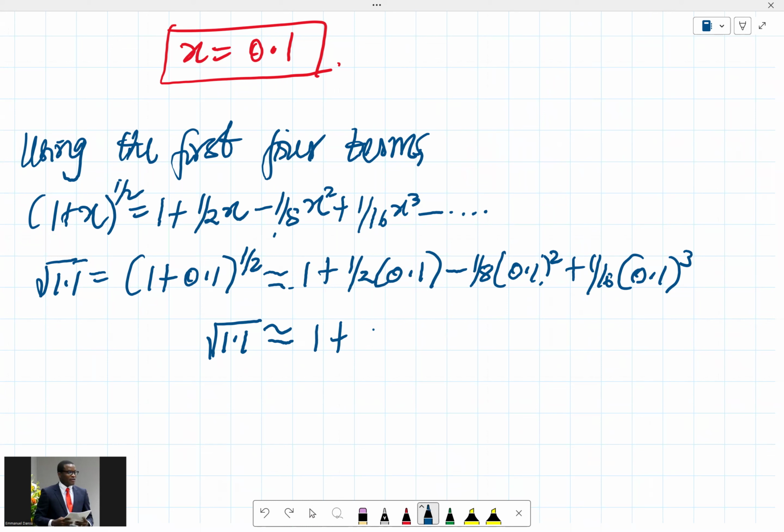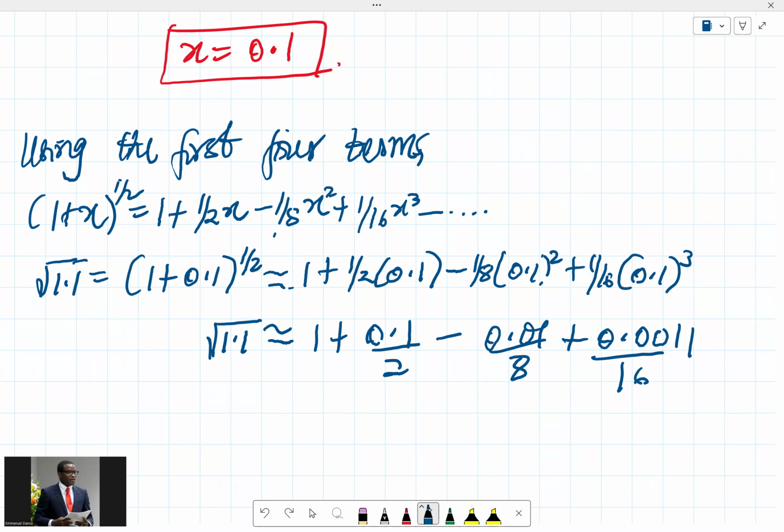So this is 0.1 all over 2 minus 0.1 squared, that's 0.01 divided by 8, plus 0.001 divided by 16, minus whatever follows. We're just approximating this.